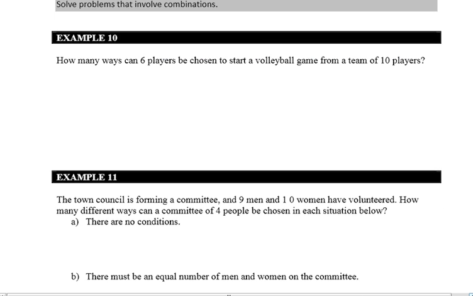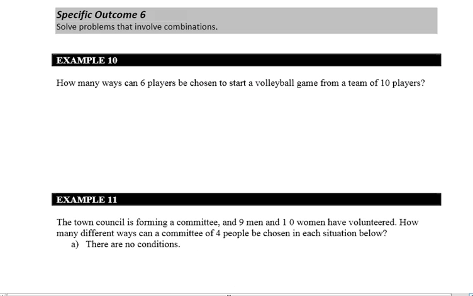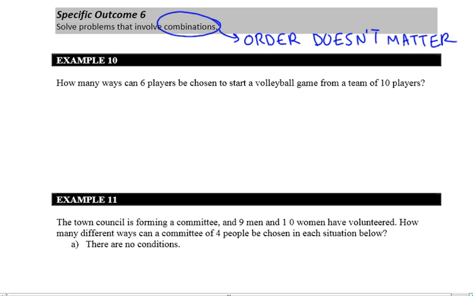Okay, so solve problems that involve combinations. So what is a combination? When order doesn't matter. A good example of when order doesn't matter is your cards and when you get a hand in cards.